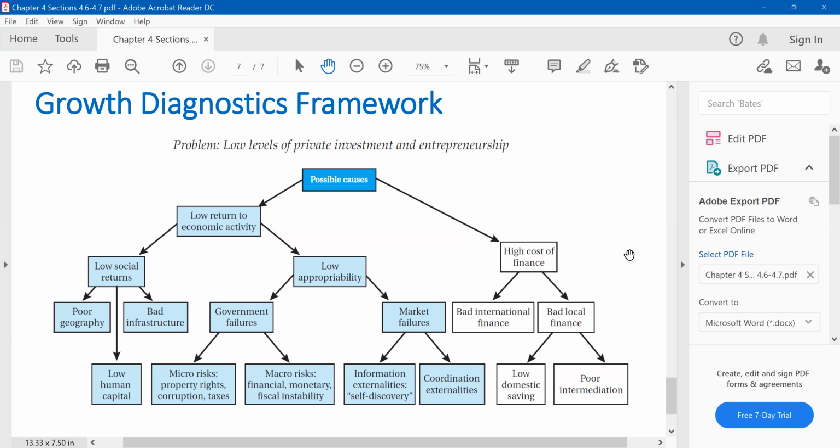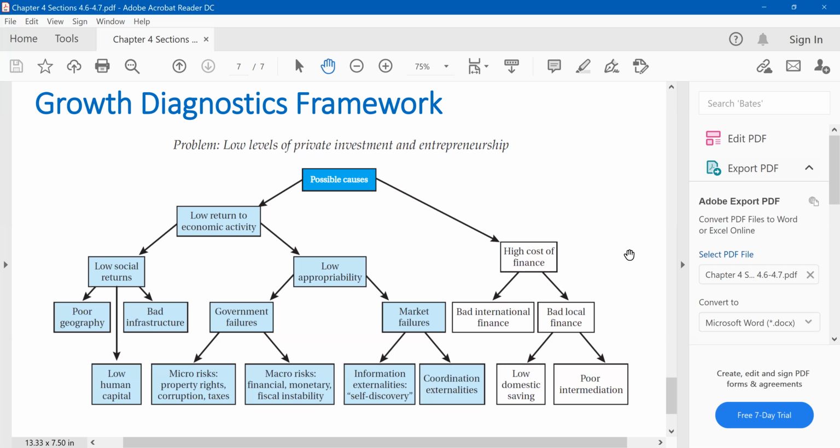So then we have two types of results. One is that in the international markets, you cannot find cheap credit. And then in the local market, in the national currency, in your own country, you also cannot find cheap credit.